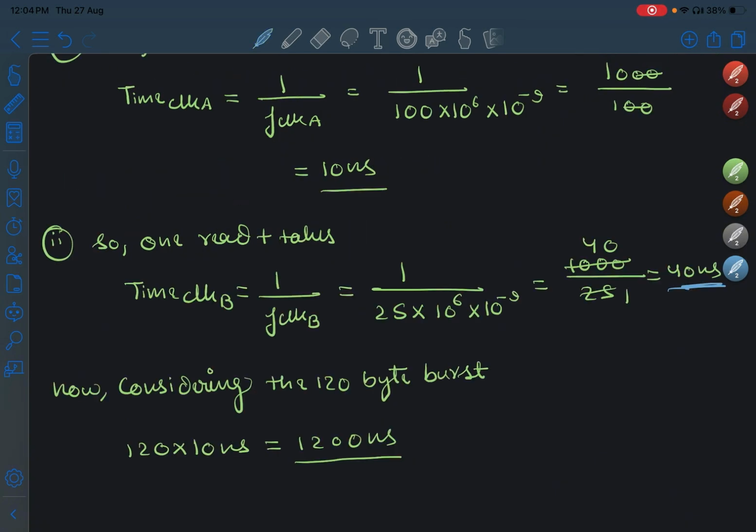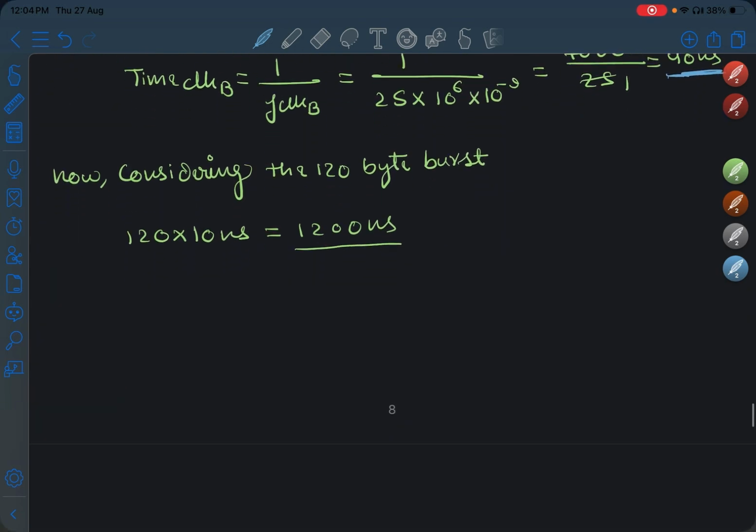Since one read takes 40 nanosecond, we can calculate how many reads.